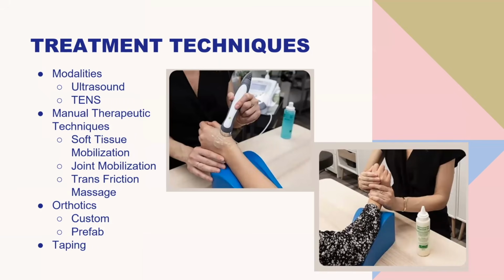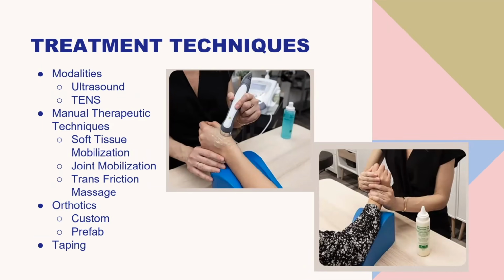So in occupational therapy, we implement multiple modalities, such as ultrasound and TENS. In the first photograph, the therapist is doing ultrasound over the CMC joint, the basal joint of the thumb, which can often be hypermobile, causing a lot of inflammation. So we apply ultrasound to the area to help reduce the inflammation and decrease some of the pain and the symptoms.